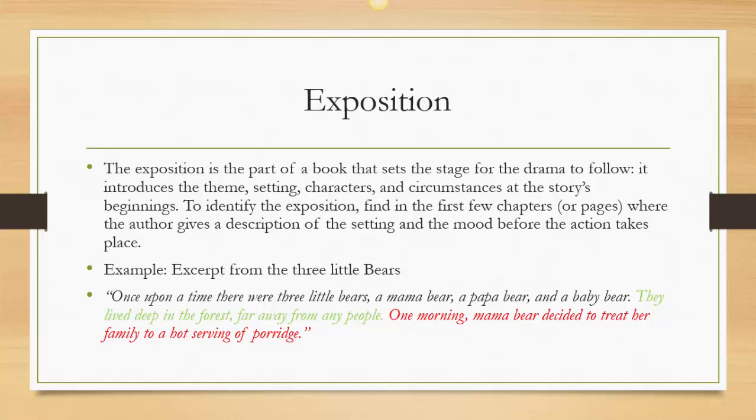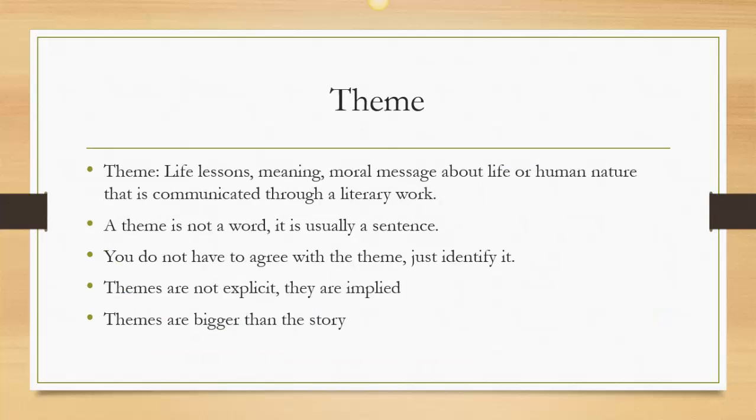From that excerpt, you can see from the color coordination that I did, you see the characters, which are the 3 little bears, and that's Mama, Papa, and Baby. And then in green, you will see the setting. So the story takes place in the forest, away from people. And then the last sentence that's in red is the setup of how the story is going to progress.